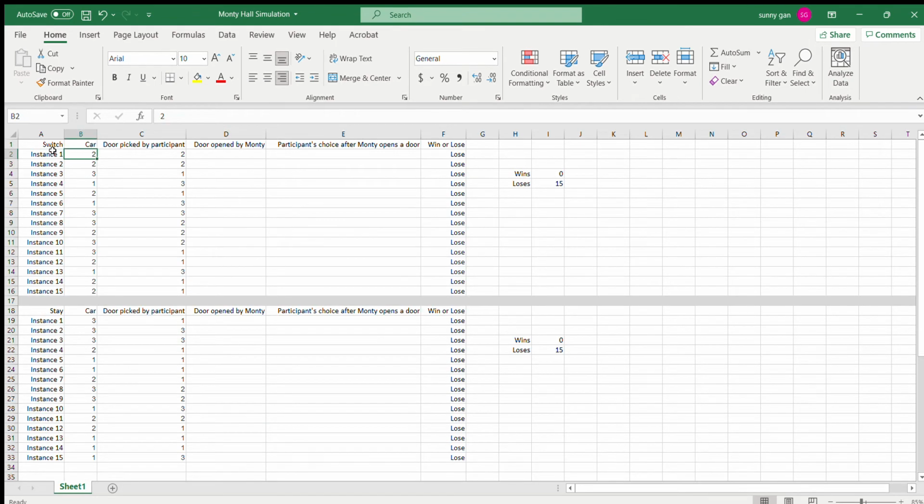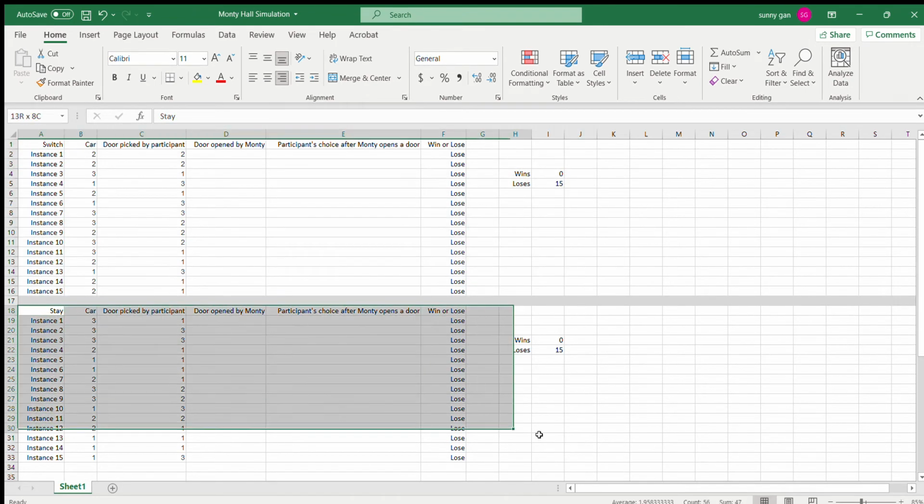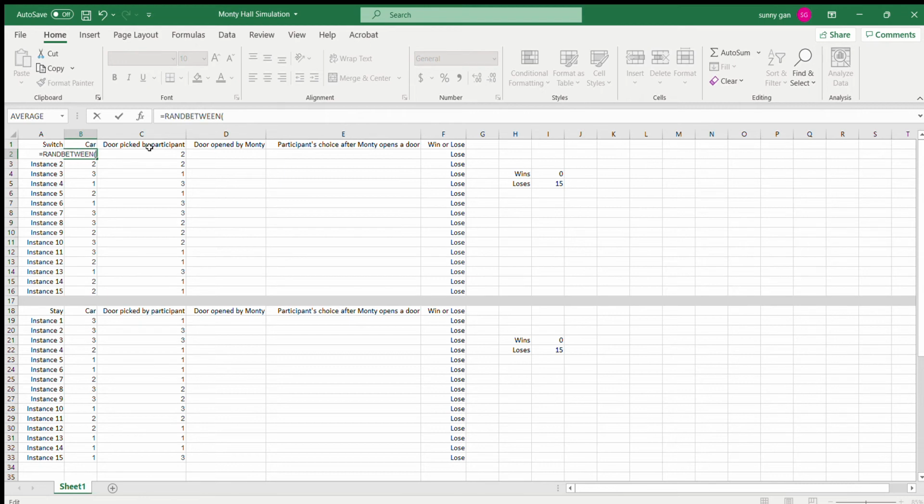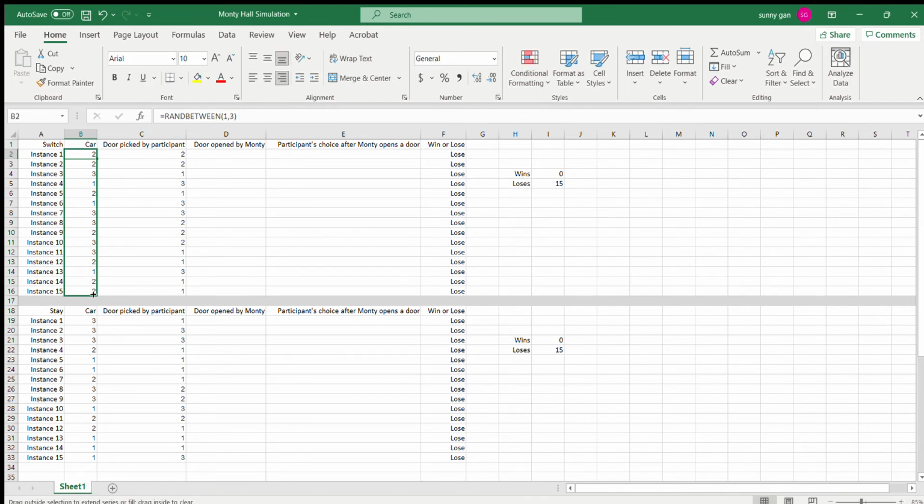So over here I have the switch category, and over here I have the stay category. Fifteen instances should be enough to prove my point. I'm going to use RANDBETWEEN. What RANDBETWEEN 1 and 3 does is randomly pick a number between 1 and 3.